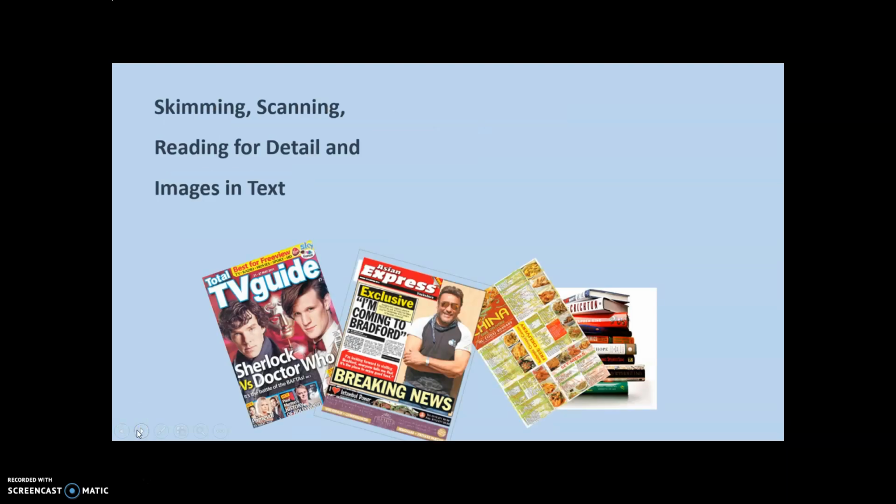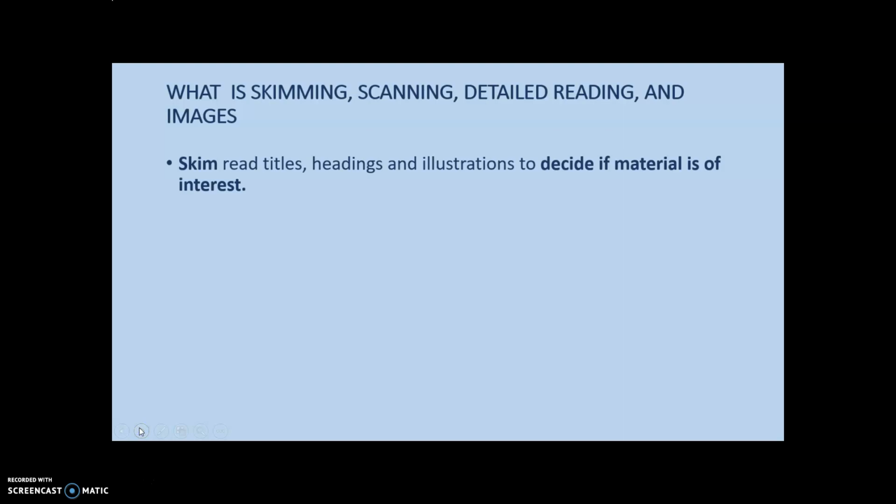Welcome back. So we're going to look at skimming and scanning, reading for details and images in a text. What is skimming, scanning, detail reading and images in a text? Skimming, you can read titles, headings and illustrations to decide if the material is of interest to you.